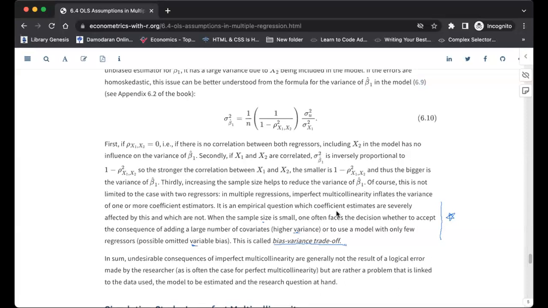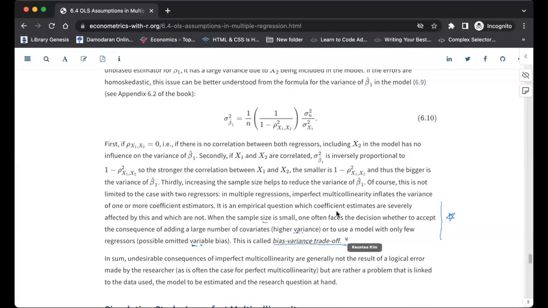So if the sample size is small, reflecting higher variance or reducing the variance, bias is going to be the problem.